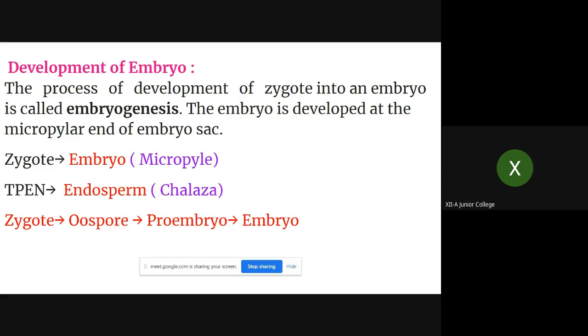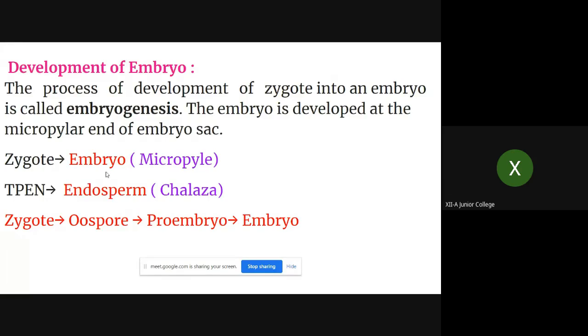Today we will discuss the development of the embryo, the result of first fertilization. What is the result of first fertilization? Zygote, which in further development gives rise to the embryo.